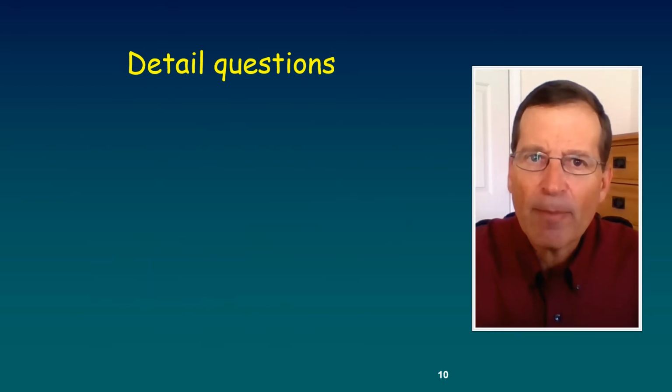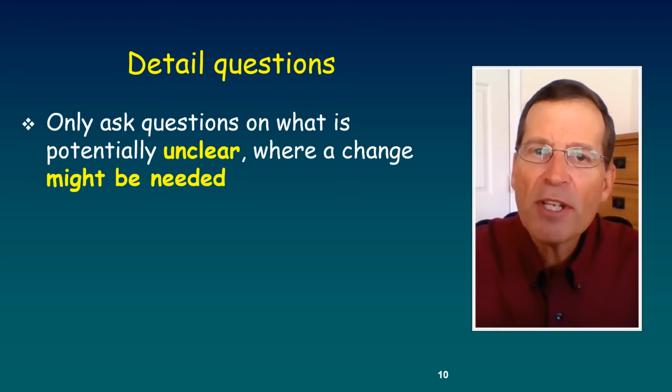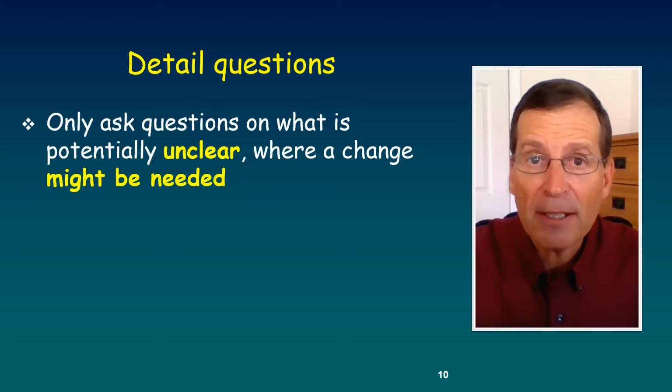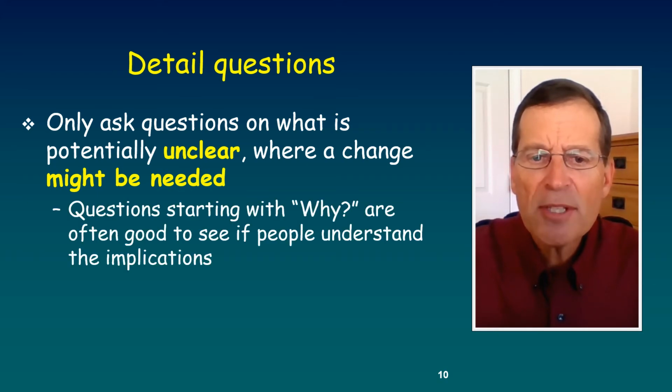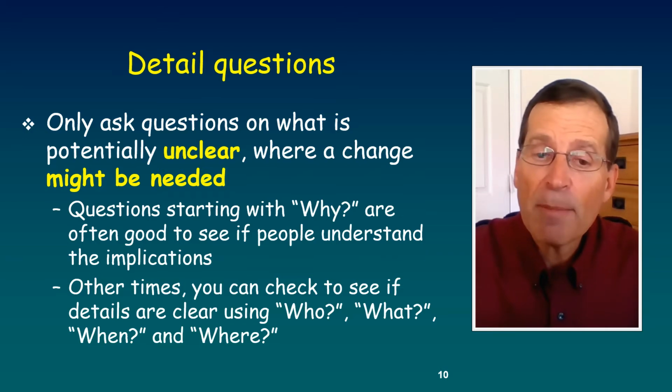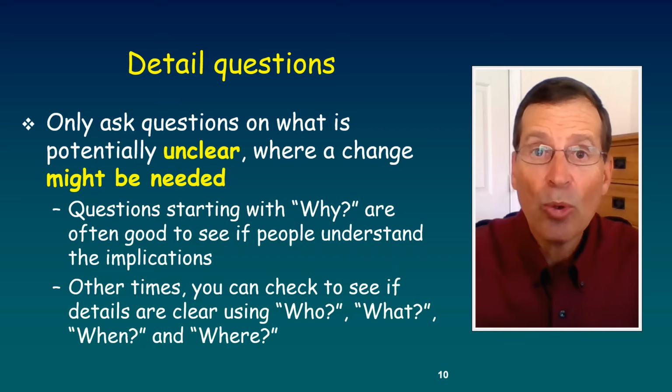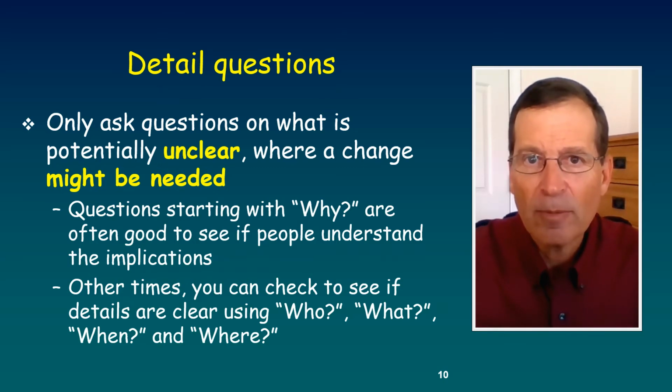So in summary, you should only prepare community testing questions on what is potentially unclear, where a change might be needed. Questions starting with why are often good to see if people understand the implications. Although at other times you can still check to see if details are clear using who, what, when, and where.